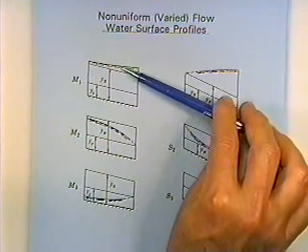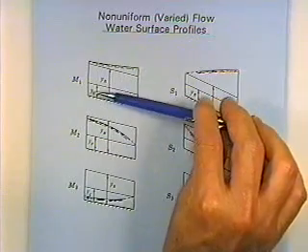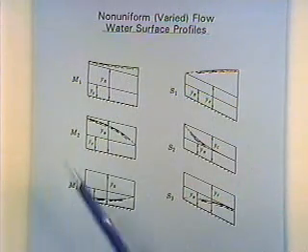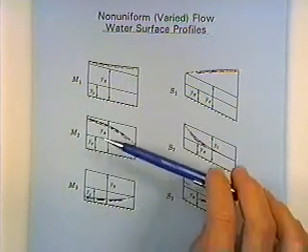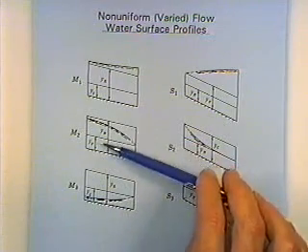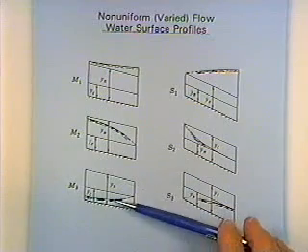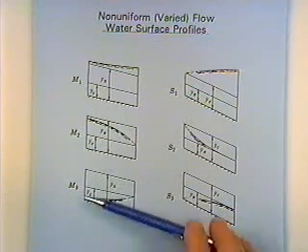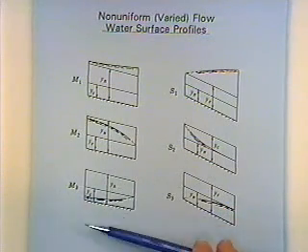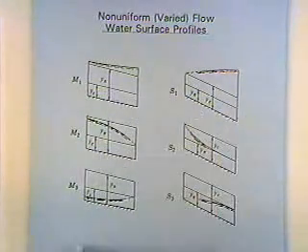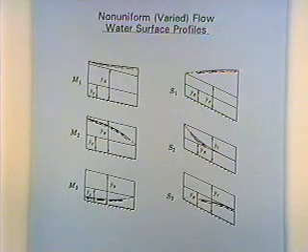And in this case, the actual depth is greater than both normal and critical. That's called a 1. And in another case, the actual depth is between normal and critical. That's the 2. Another case, the actual depth is less than both normal and critical. That's the 3. And so 1, 2, and 3 relates the three different depths.